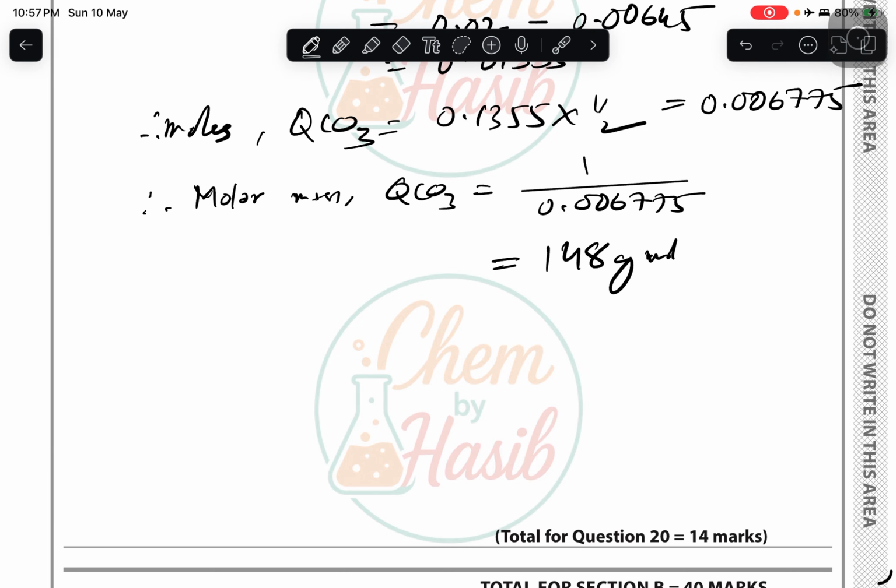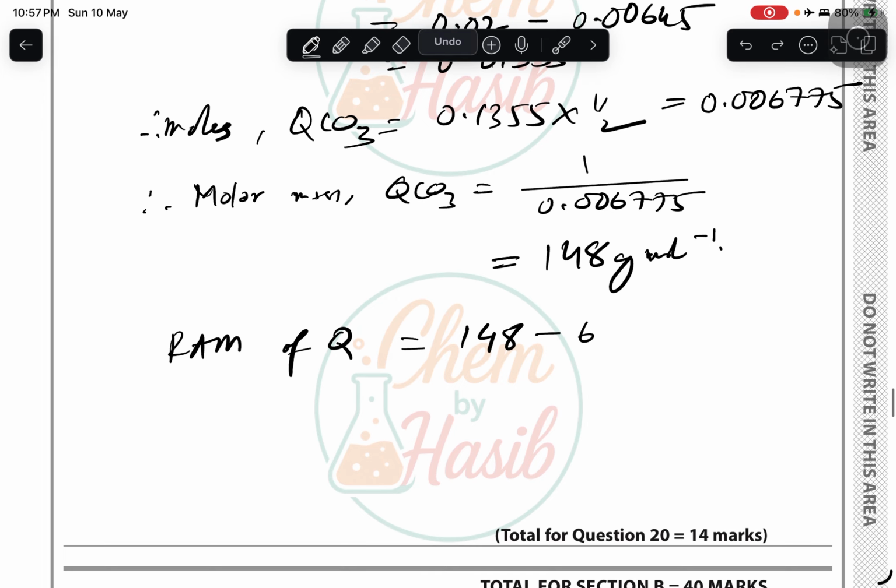Now you find the relative atomic mass of Q by subtracting 60 from 148, because 60 is the molar mass of the carbonate ion, CO3 2 minus. So 148 minus 60 is 88.